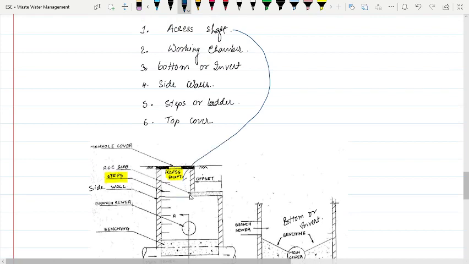After going through the access shaft, the person will come inside, where we will have side walls. These are branch sewers and this is the main sewer. And there will be an inverted bottom, which is called benching. So these are the components of a large manhole.